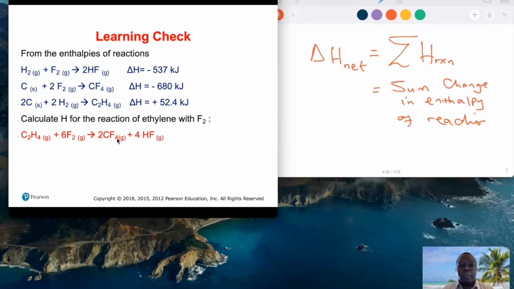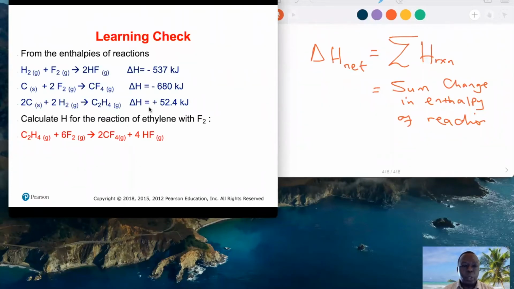For example, in the overall equation here, ethylene, C2H4. You may not know the name of this. It is coming from the last, the third thermochemical equation, but the equation has been reversed.